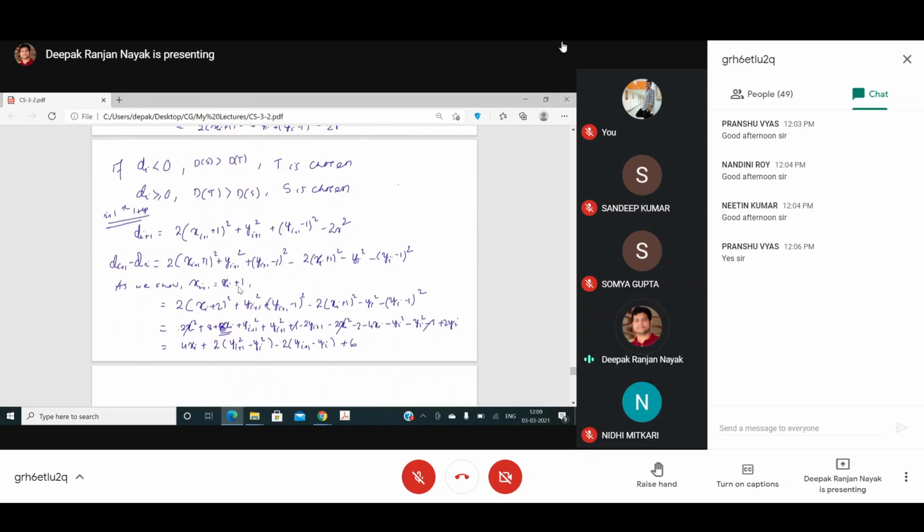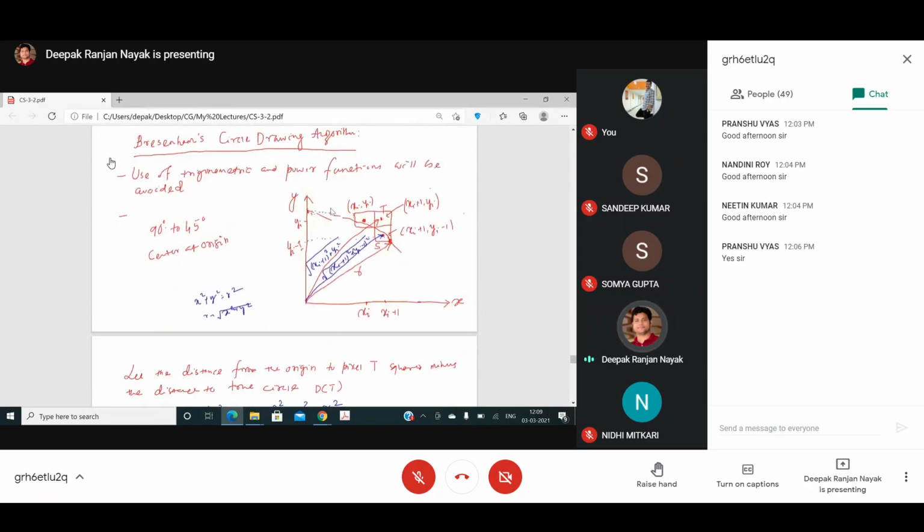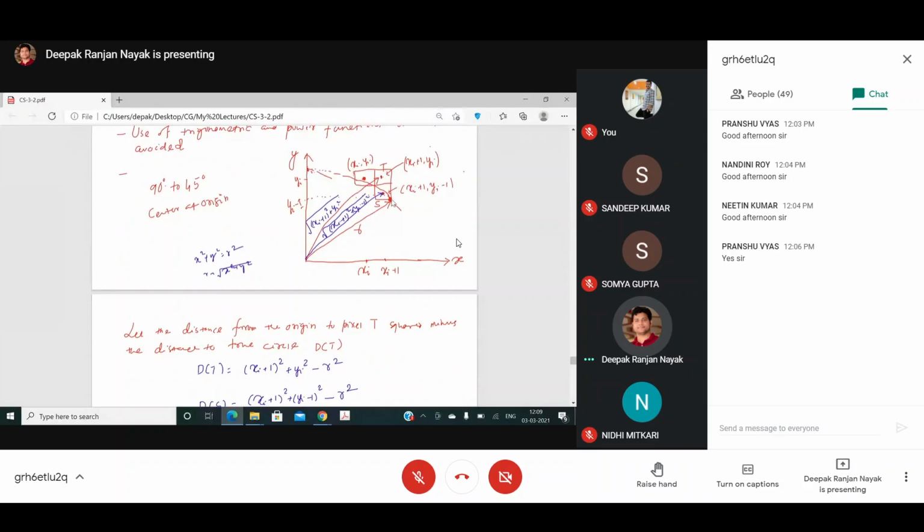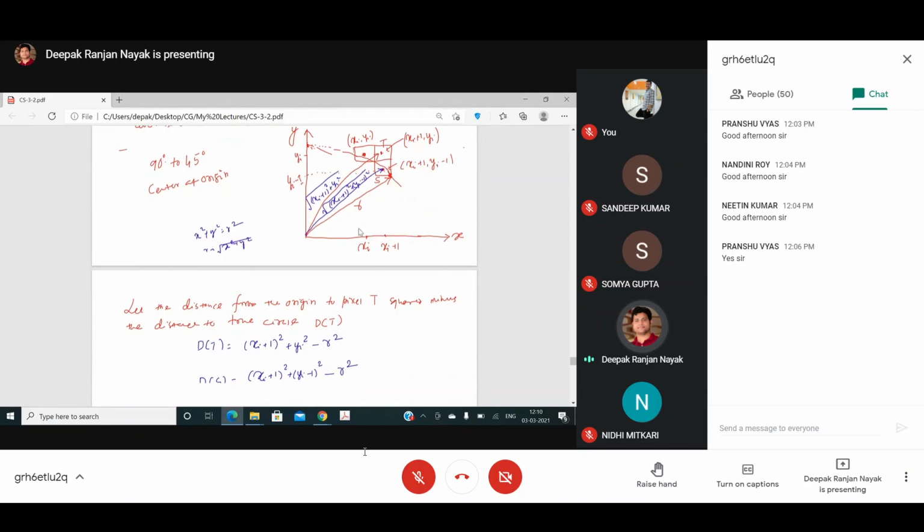The x value at the i plus 1th step is always xi plus 1, and we are only focusing on this octant where the angle is from 90 degrees to 45 degrees. All the time x will increase by 1 till the position where x is equal to y. That means you have to calculate the pixel positions while x is less than or equal to y. This was the stopping criterion.